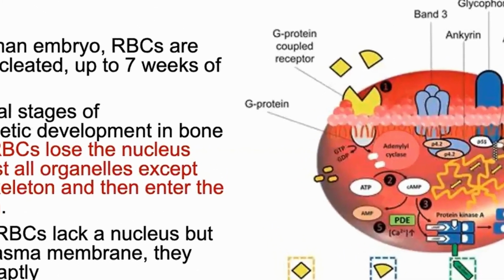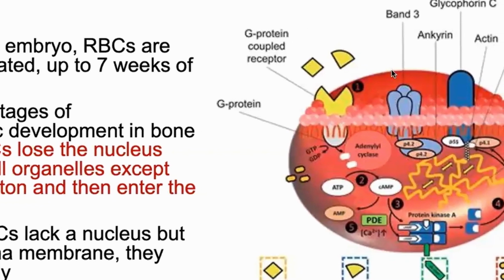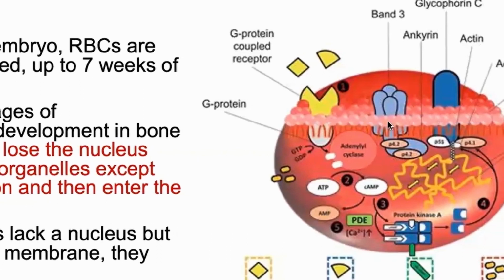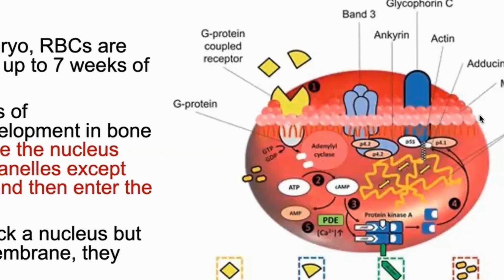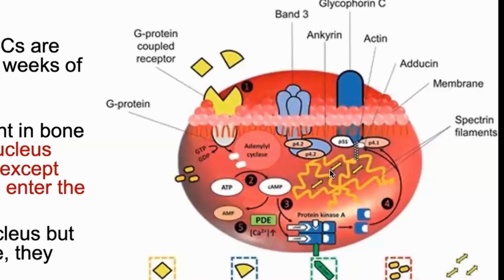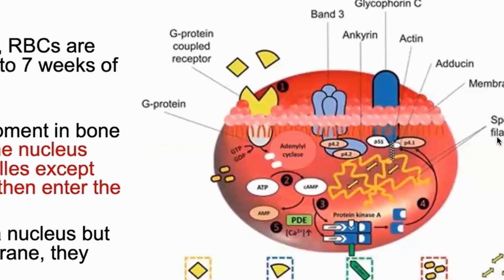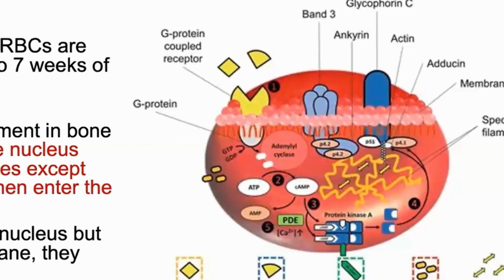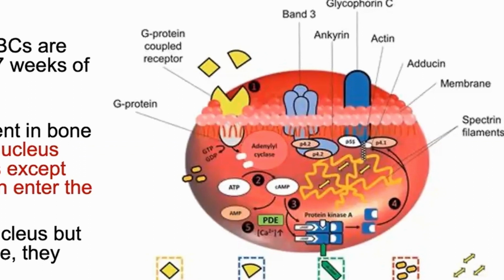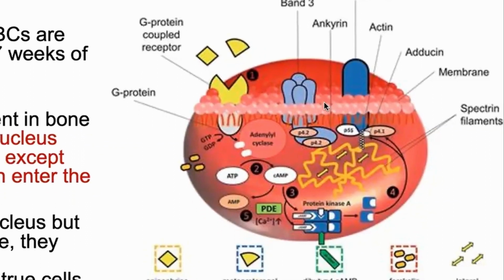For example, you have a thing called elliptocytosis, where because this protein is not present, it looks elliptical, or spherocytosis, where the spectrin protein is just not there, so it becomes spherical. And in sickle cell disease, there's also the sickling, or easy deformability of the cell itself, and even the oxygen carrying capacity is diminished as a result.